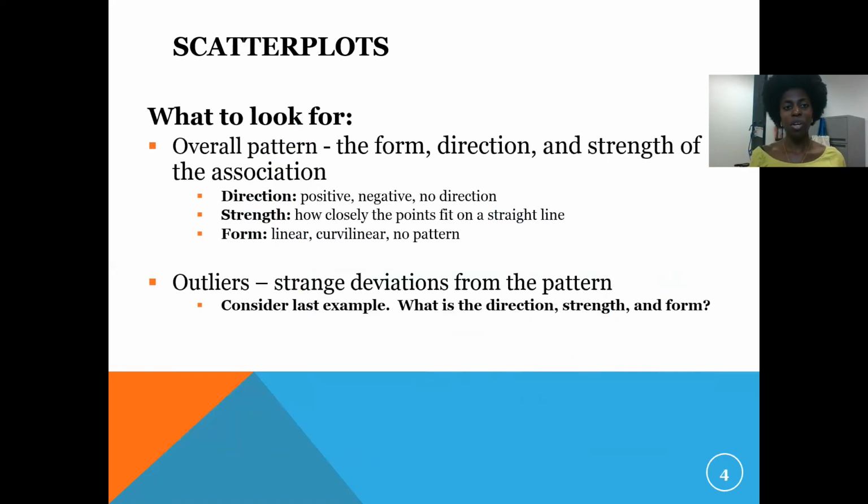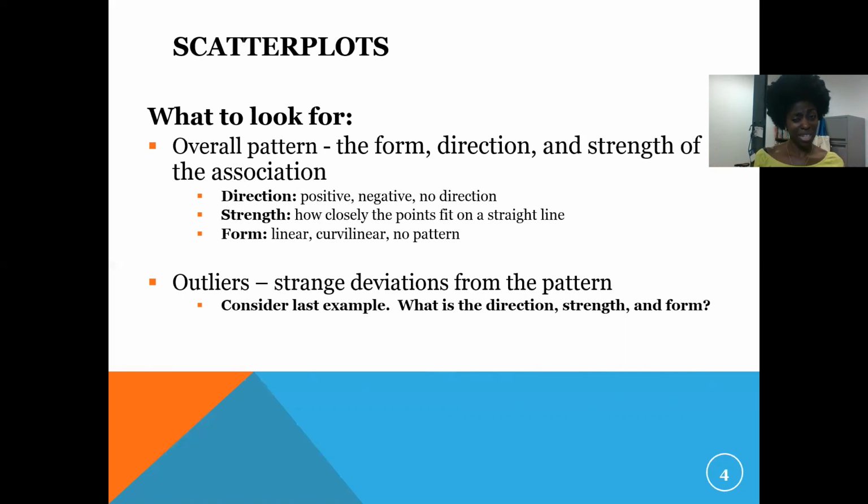Okay, so moving on, scatter plots, what do they tell us? Scatter plots tell us about the overall pattern of that relationship. What's the form, what's the direction, and what is the strength of the relationship between the two variables. In terms of direction, we're always going to think positive, negative, possibly no direction.